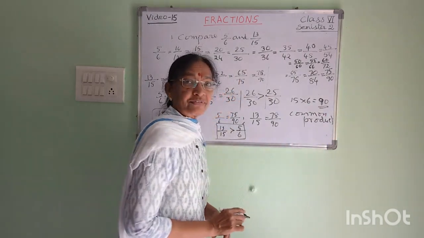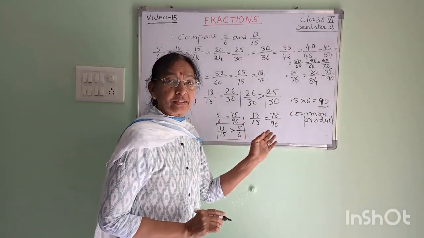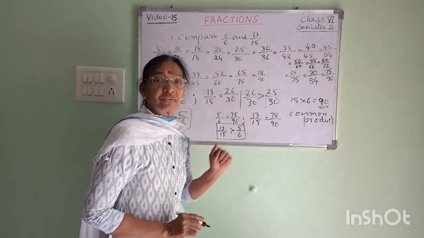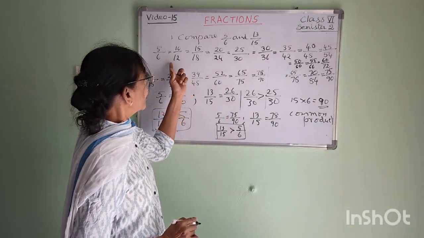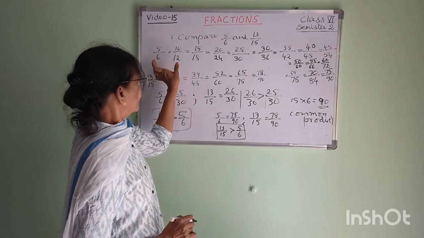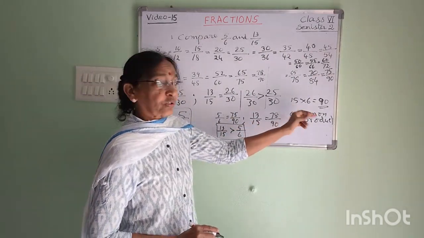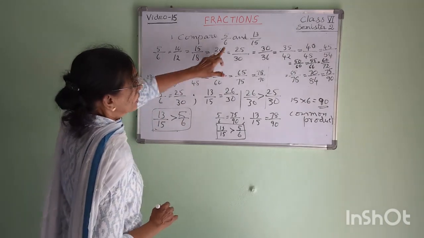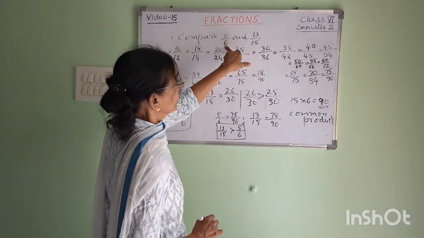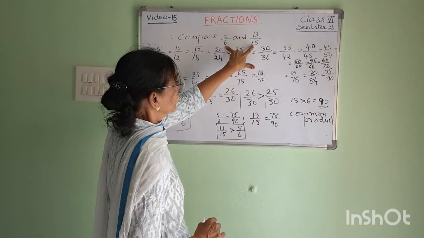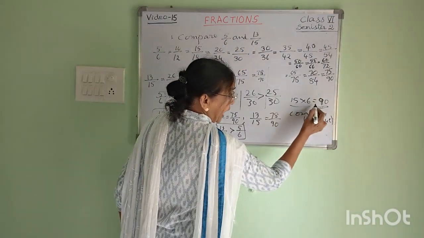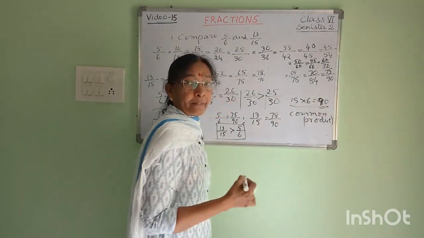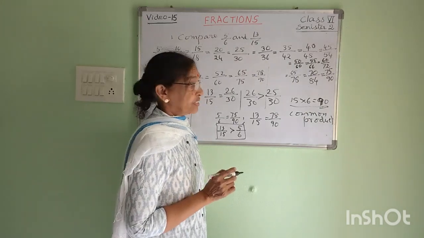Therefore instead of writing all the equivalent fractions for both of the fractions, we can take the product of the two denominators, 6 into 15, as a common multiple of both the fractions.